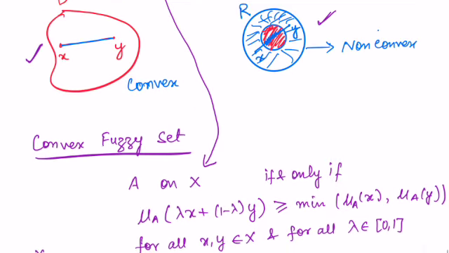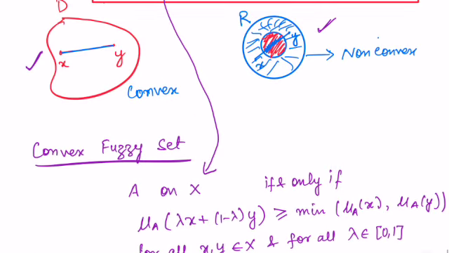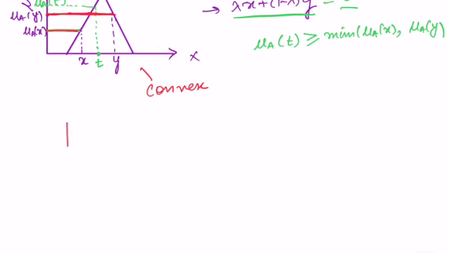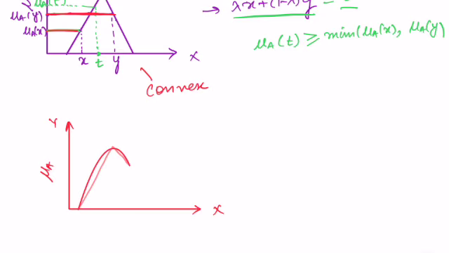Let us understand what I mean by having a gap in the region R in a convex set. Suppose we have another fuzzy set like this. This axis represents the membership grade. Suppose we have this, then this, then this, and this.